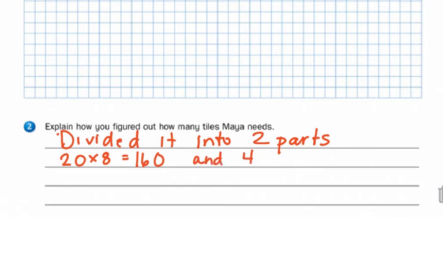And the 4 that were left over times the same width of 8. 4 times 8 is 32. And then I just added those two together to get 192. So today, again, you may know how to multiply multi-digit numbers, and we will get to that later on.